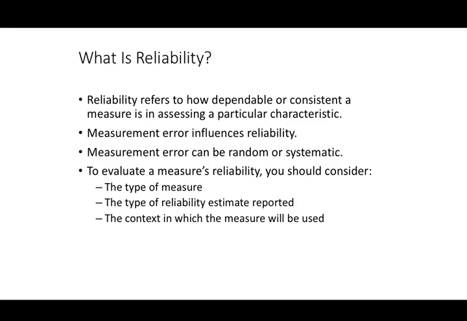And then we need to know how the measure is going to be used. If it's going to be used similarly to the way the measure was intended to be used and the way it was tested for its reliability. And once we have consistency in assessing the reliability and we know it's going to be used consistently, then we can make a good judgment about whether or not this is going to be a reliable measure for us to use in our own work.